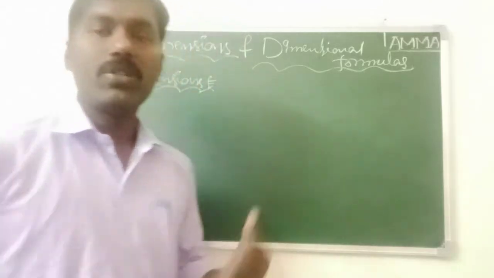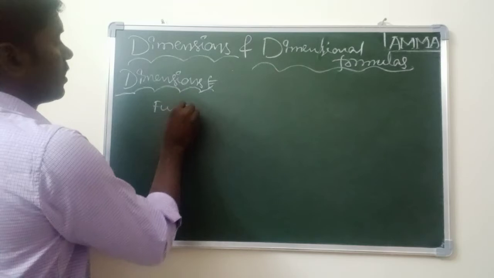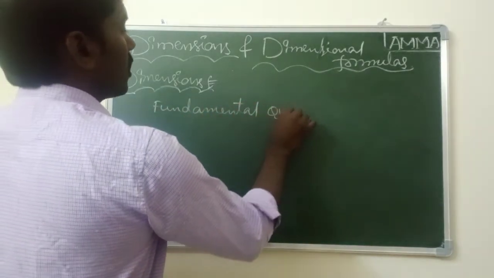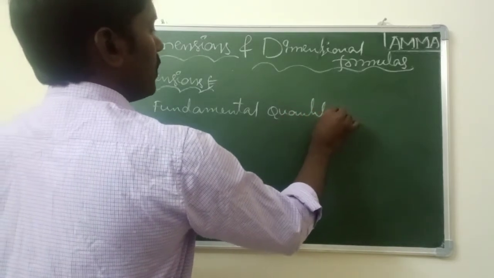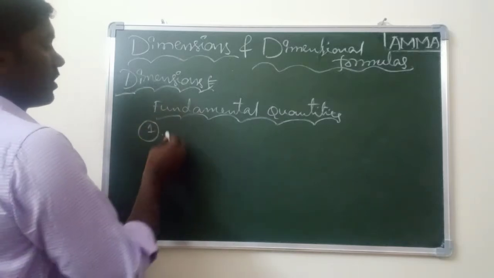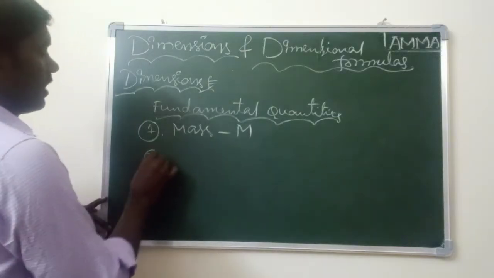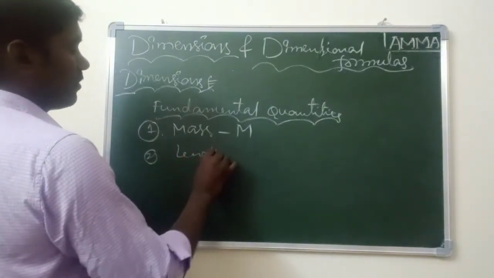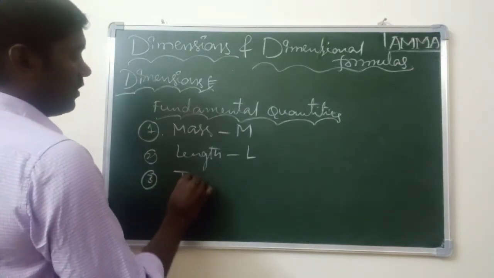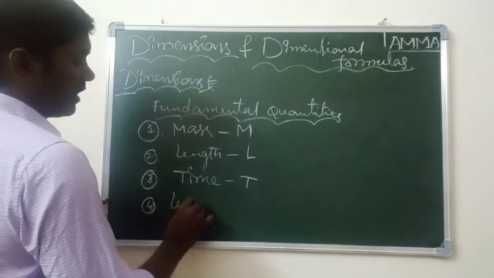Okay, students. We know the fundamental physical quantities. What are those fundamental physical quantities? We have 7 fundamental physical quantities. First one is mass, represented by M, second is length, denoted by L, third is time, denoted by capital T, and the fourth is temperature.